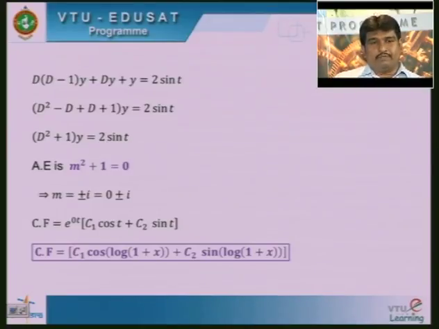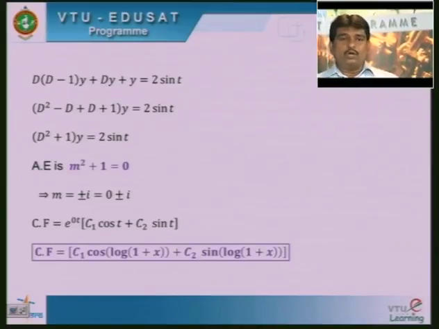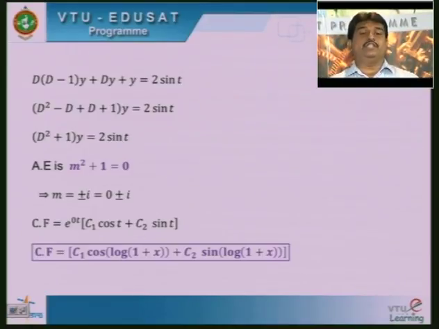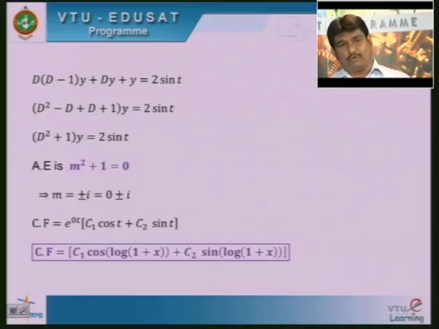So the complementary function is e to the power of 0t, 0 is the real part, into c1 cos t plus c2 sin t. Now convert t in terms of x. Complementary function is c1 into cos of log of 1 plus x plus c2 into sine of log of 1 plus x. This is the complementary function.